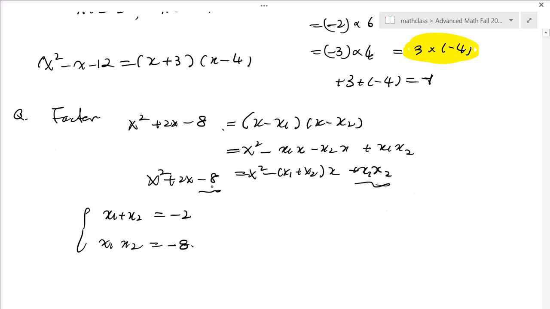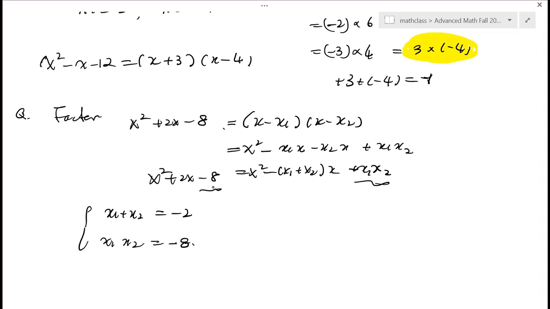So you're looking for two numbers, actually the two roots. The sum of them is going to be -2, the product of them is going to be -8. Then you look at the 8. 8 can be written as a product of two numbers. There are a couple of ways to do it, but for x1 plus x2, there are just so many choices.